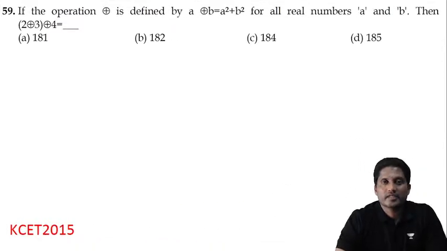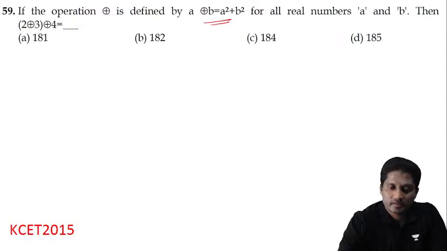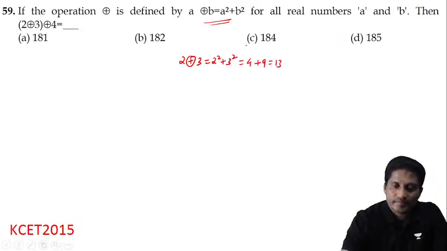Okay, the operation a addition modulo b is a square plus b square. So 2 addition modulo 3 is equal to 2 square plus 3 square, equal to 4 plus 9, 13.